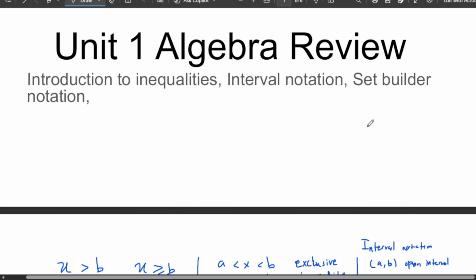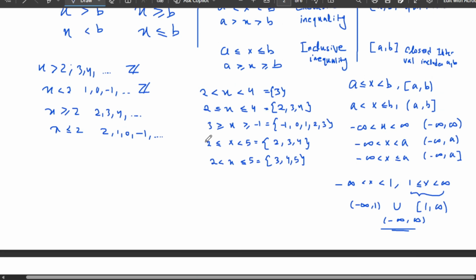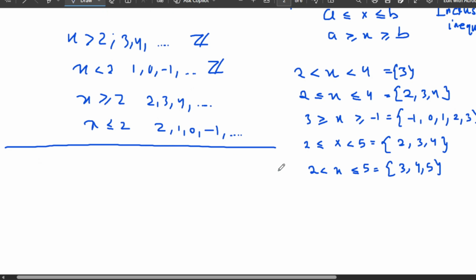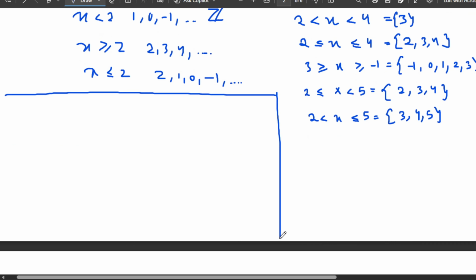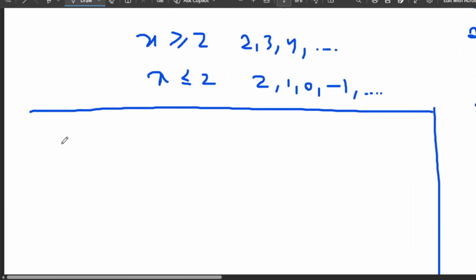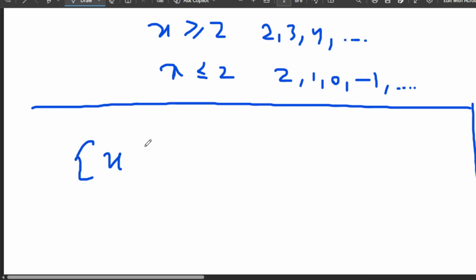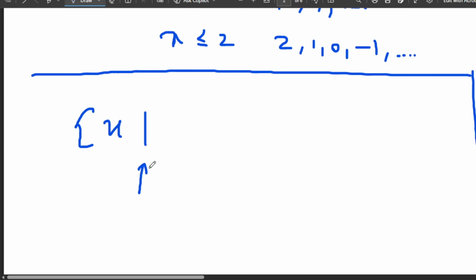Okay, so after interval notation, we get into the set builder notation. Set builder notation is like this. We put a curly bracket, x such that, this is called such that, this label, it can be this or it can be this, according to the person how to write the notation.